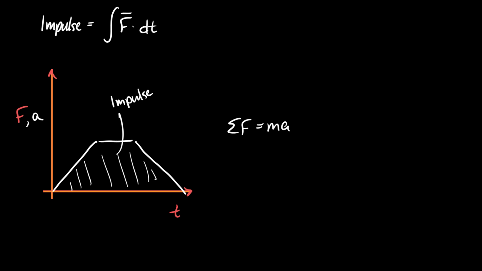So looking at acceleration is like looking at force. You follow along? So if you multiply an acceleration graph by the mass of the object, you have a force graph. Everybody understand that? I'll say it again. If you multiply the acceleration by the mass of an object, you have a force graph.